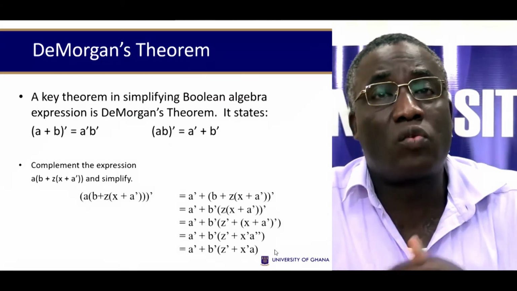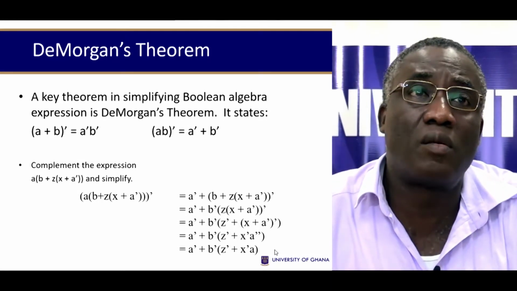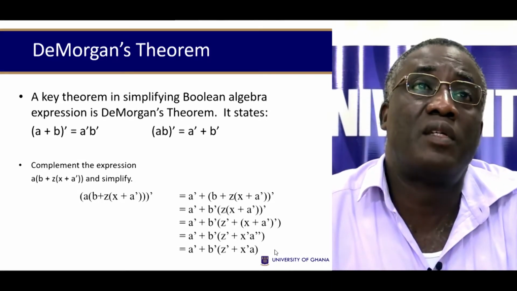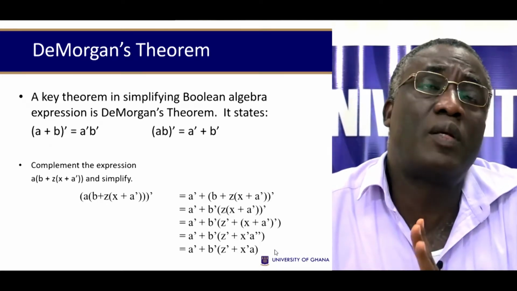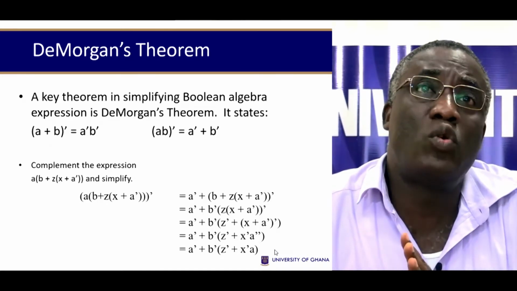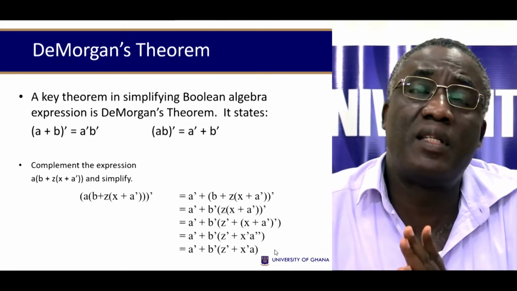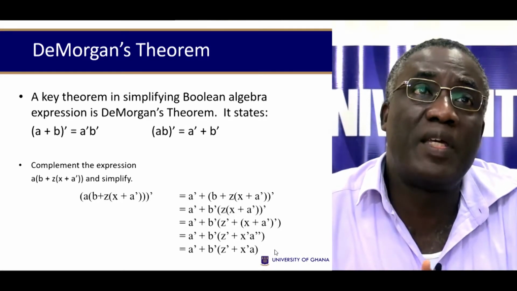Work through the expression and verify it for yourselves. It's an important theorem that you should know, because anytime you come to simplify Boolean expressions, this will come in handy.